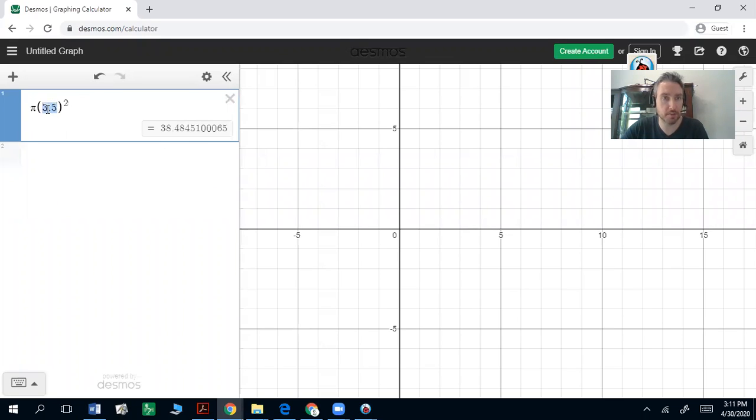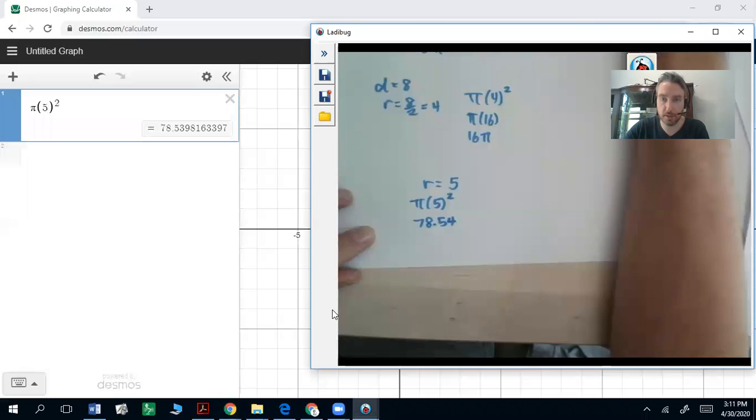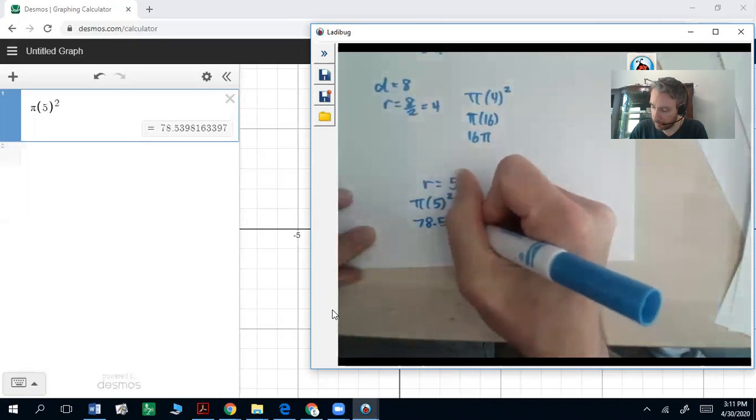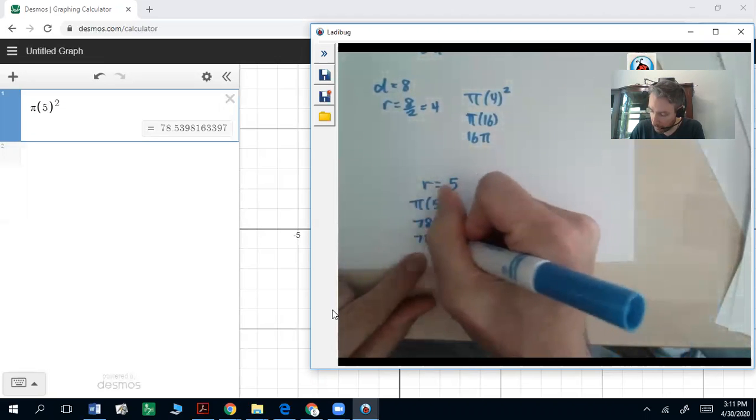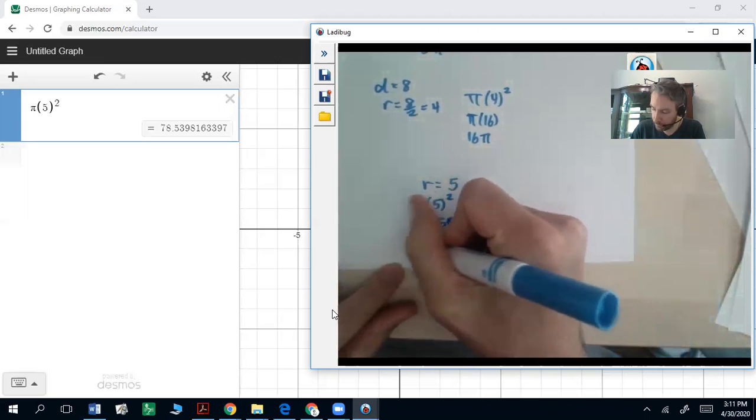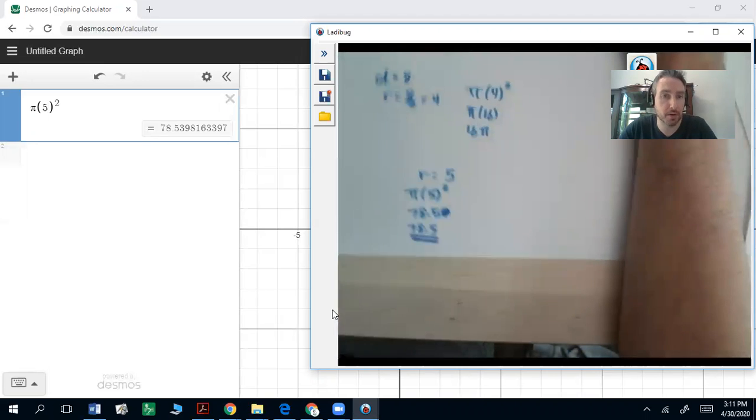So I would say 78.54 if I'm rounding to the nearest hundredth. But nearest hundredth is not what it's going to ask for again. So that 4, because that 4 is less than 5, you'll just say 78.5. You're not going to bump that 5 up. You're going to leave it. So 78.5 would be your answer in this case.